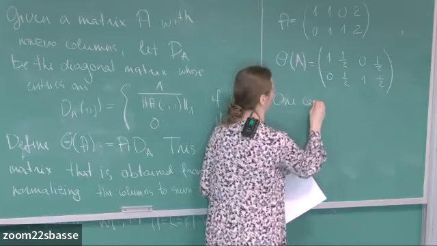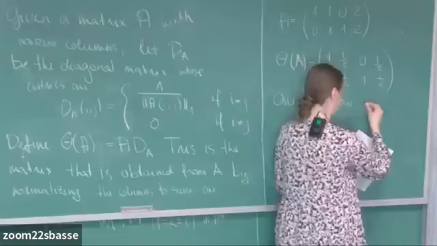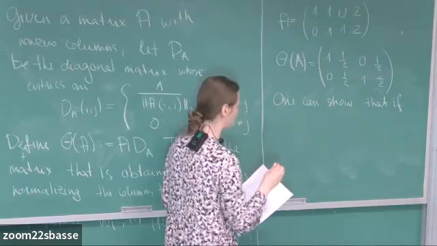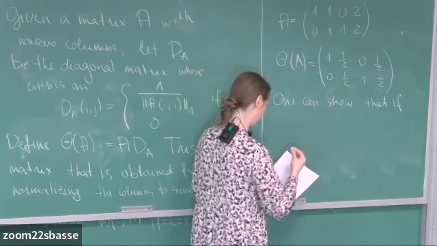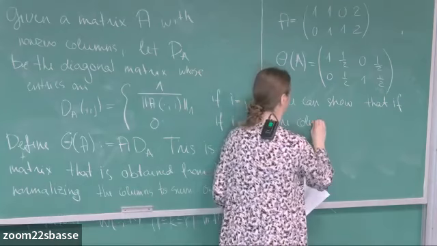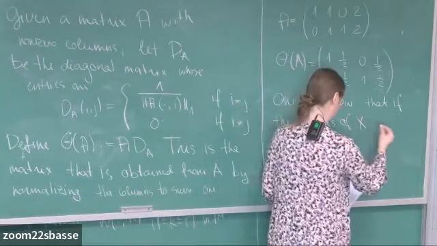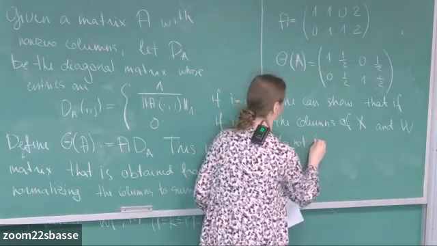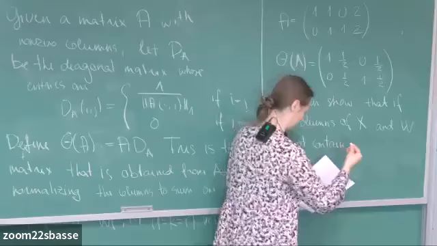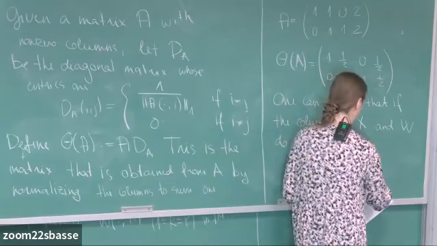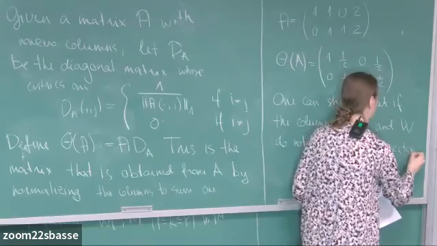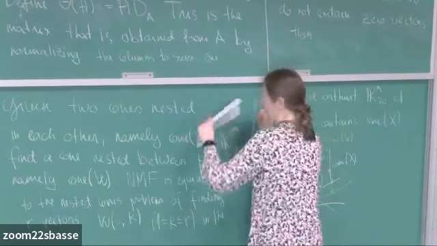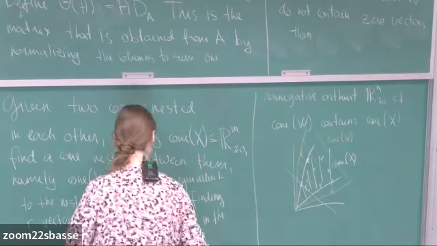So one can show that if the columns of X and W don't contain any zero columns, zero vectors, I'm going to stop now at the most interesting part, but you can think what might come next.